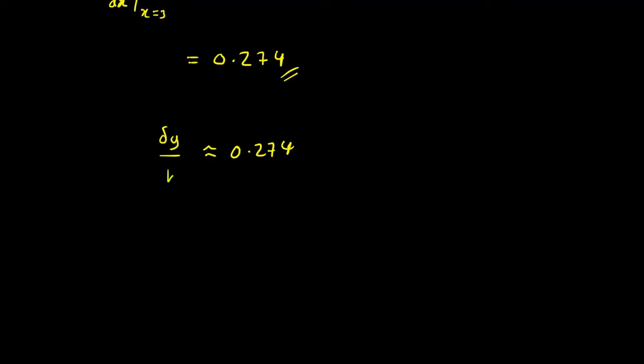And so therefore delta y, the small increase in y, is approximately equal to 0.274 times by h. Now I'm just going to check the mark scheme, see if I'm right about that. Yeah, 0.274h. Okay. All right.